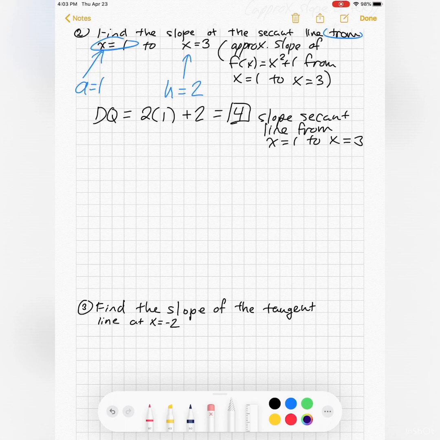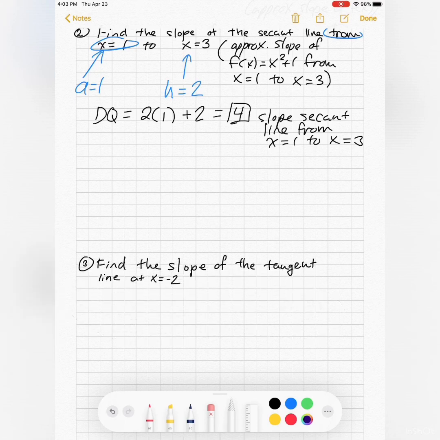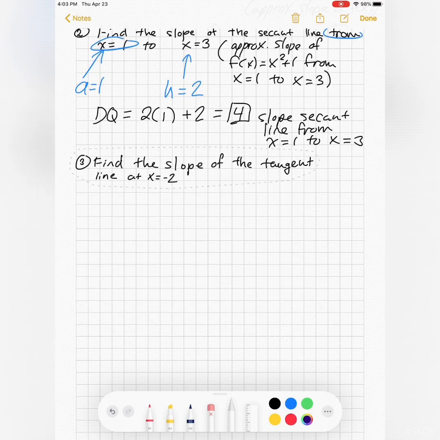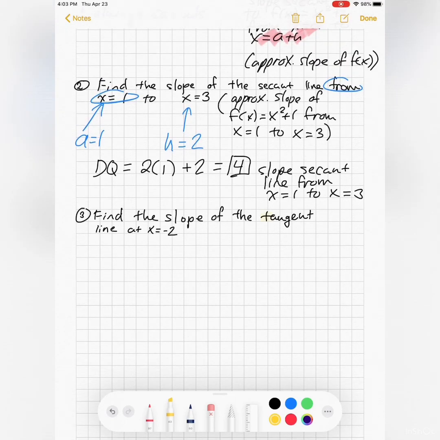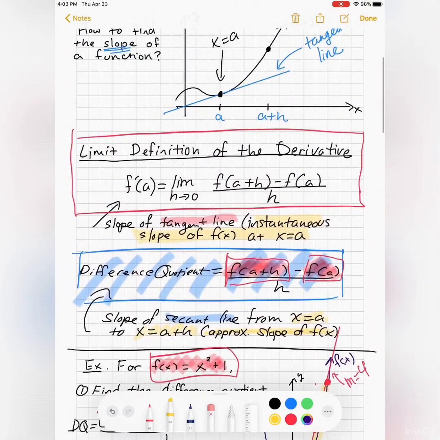Okay, so what else can we do? Now we have to find the slope of the tangent line at x equals -2. So remember when I see that, I go, okay, I need the limit definition of the derivative. That's the one that gives me the slope of the tangent line.